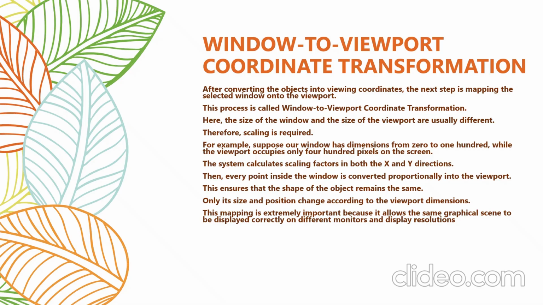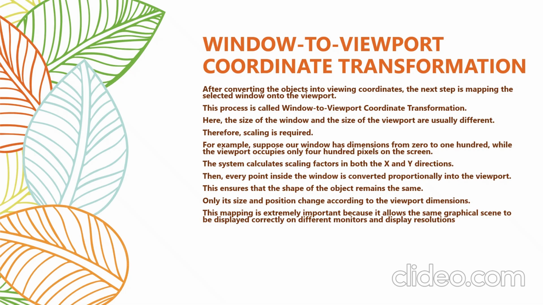That is what scaling is, as I explained earlier. Only its size and position change according to the viewport dimensions. And this mapping is extremely important because it allows the same graphical scene to be displayed correctly on different monitors and display resolutions.